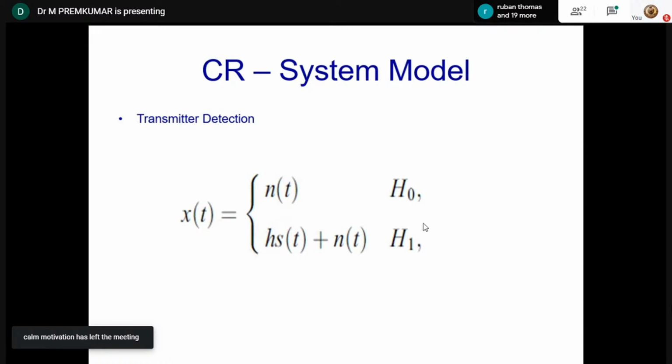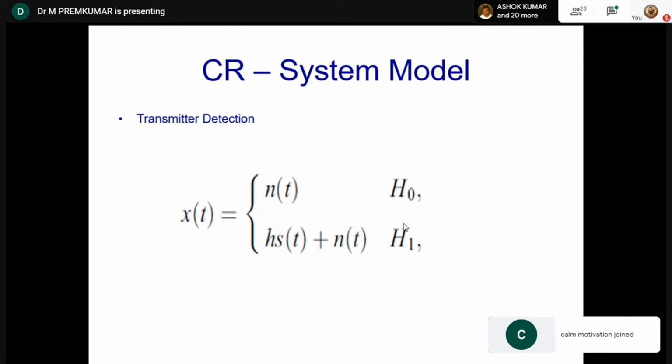As we all know, cognitive radio works by the spectrum sensing concept. If the vacant spectrum is present, it is h s of t plus n of t. This is the spectrum, and h naught is the null hypothesis, the absence of a spectrum. The absence of a spectrum means there is no frequency spectrum, so you cannot transmit and receive.